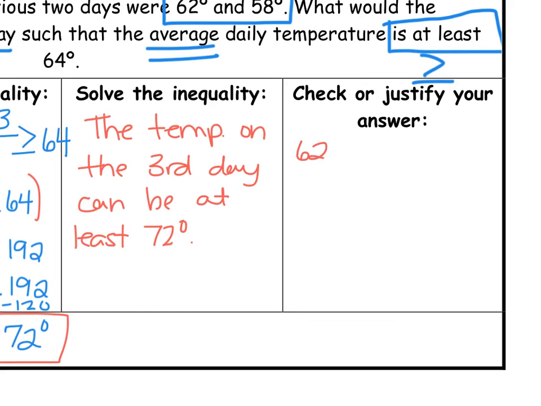Plug it in. 62 plus 58 plus, here's where we got our answer, 72, divided by 3 has to be greater than or equal to 64. Sorry, not 192, 64. Let me erase that. So this number here should be 64.